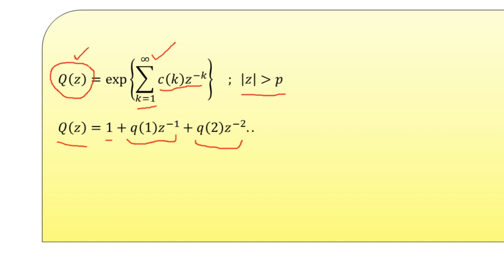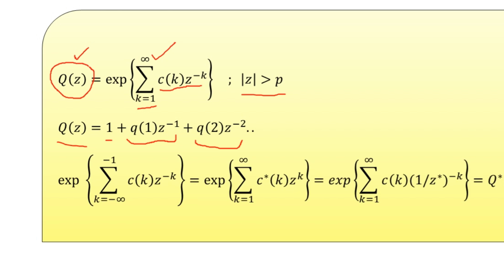Now, as in the previous equation where we have shown the three components for the power spectral density represented in the z domain, the last component can be expressed in this particular form. On the left hand side you can find the exponential of the summation over k from minus infinity to minus 1 of c_k z^{-k}.